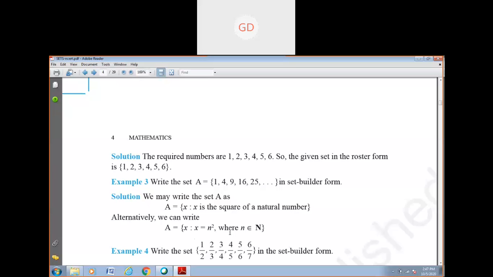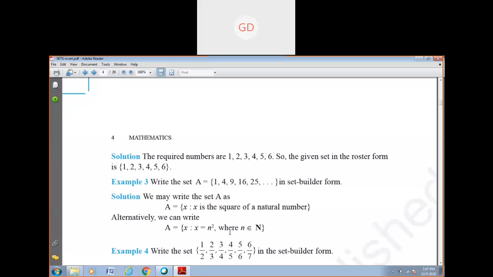We have to start with x within curly brackets, x such that colon, that means such that about x sufficient information must be there, then close the bracket.